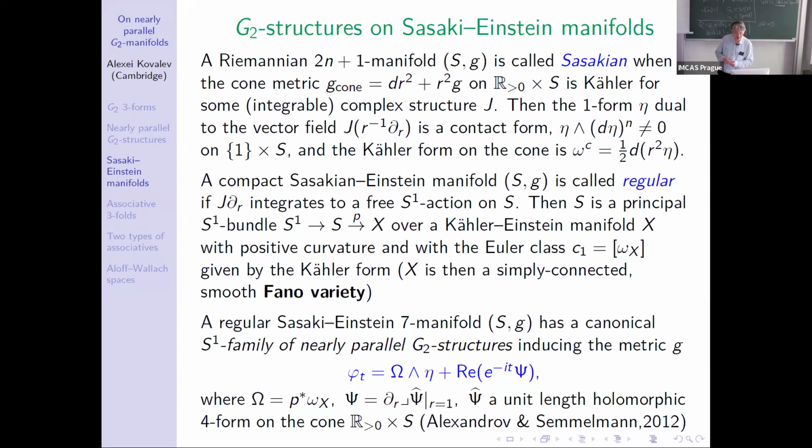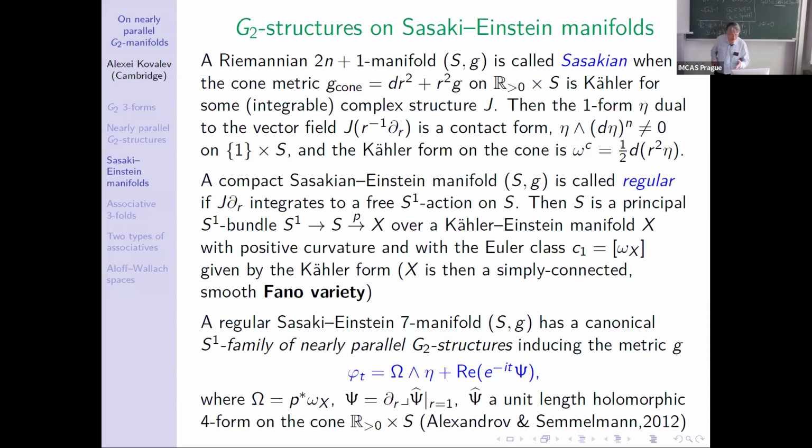It shows how to write the 3 form. So capital omega is the pullback by the bundle projection of the Kähler form on X. Capital omega is sometimes called the horizontal Kähler form, because it's not a Kähler form in the usual sense since we're in 7 dimensions, but it's induced from a 6 manifold.